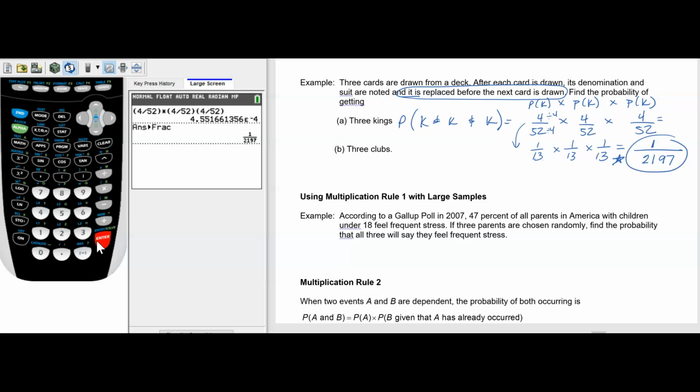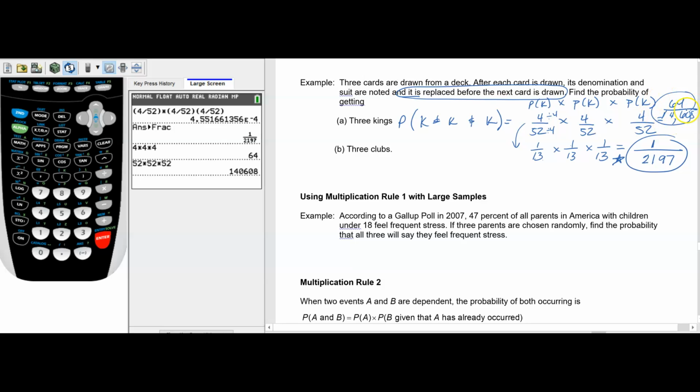I know sometimes with the smaller calculators, another strategy is to multiply the 4s on the top. So 4 times 4 times 4, and you get 64 on the top. And then 52 times 52 times 52 on the bottom, and you get 140,608. And again, you're going to have to reduce that. You could use your calculator to reduce that. Or like I said, I think it's easier just to reduce those fractions before you multiply. It's a little bit less work.